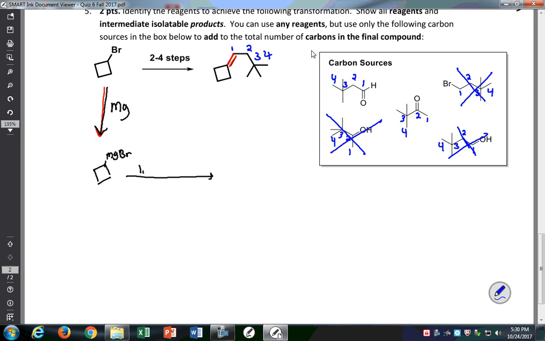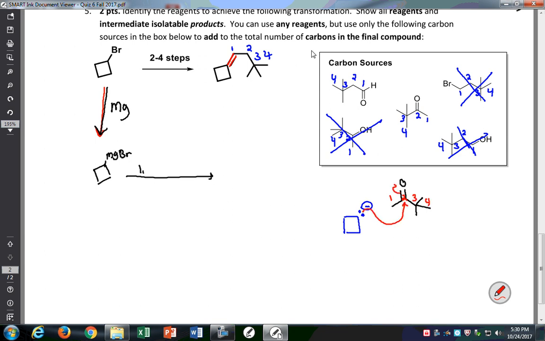So think about what that reaction would look like. Again, here's my Grignard reagent. If we reacted it with this example, we would attack carbon 2 because that's where my functionality is.